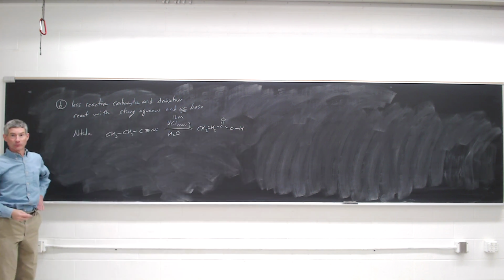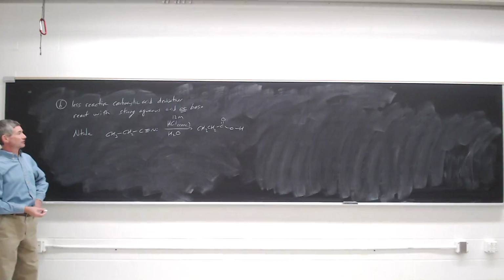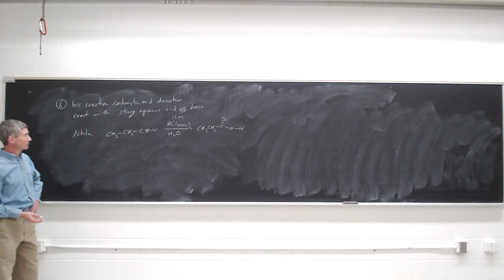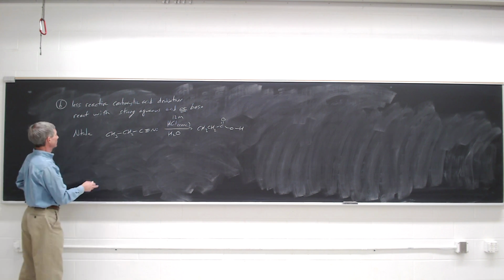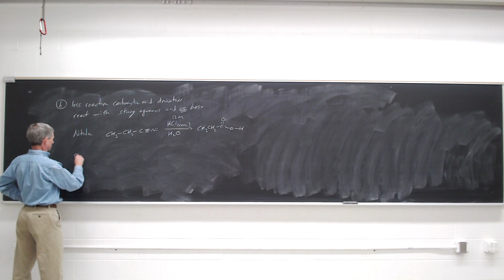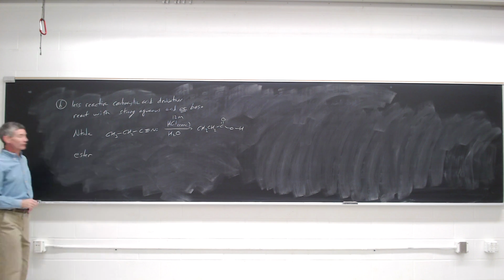And that mechanism was presented when we were going through chapter 17, talking about cyanohydrins. It's also possible to hydrolyze a nitrile in the presence of base. We'll see that in a minute.